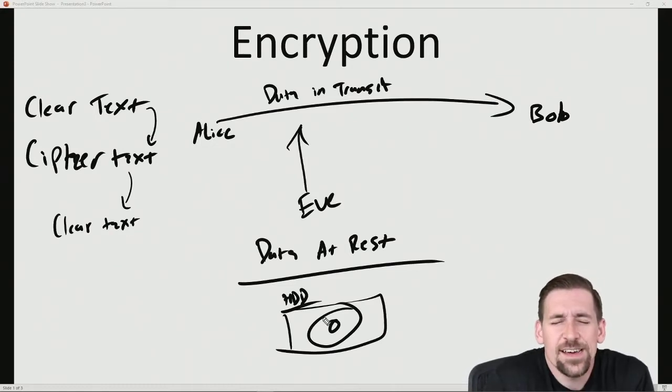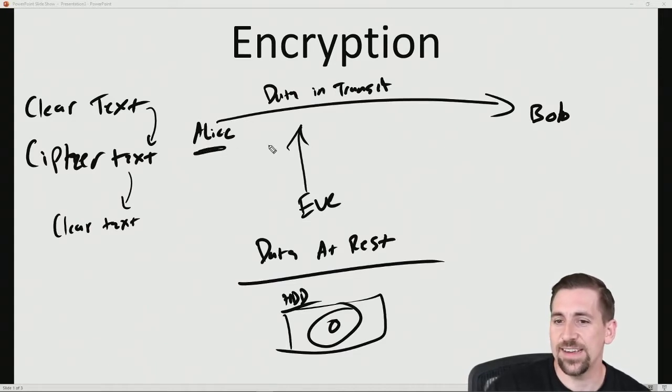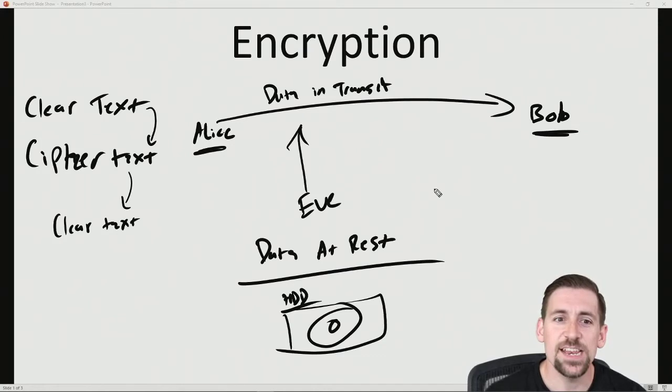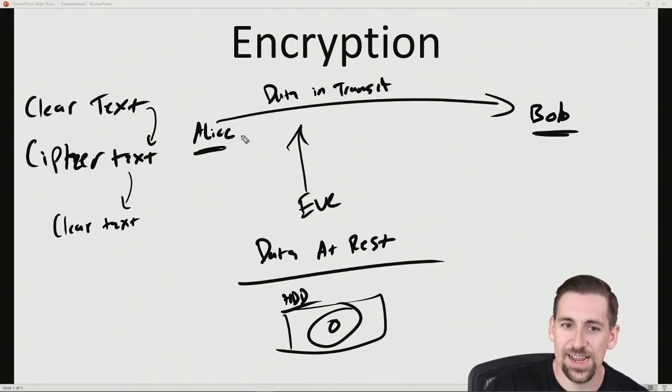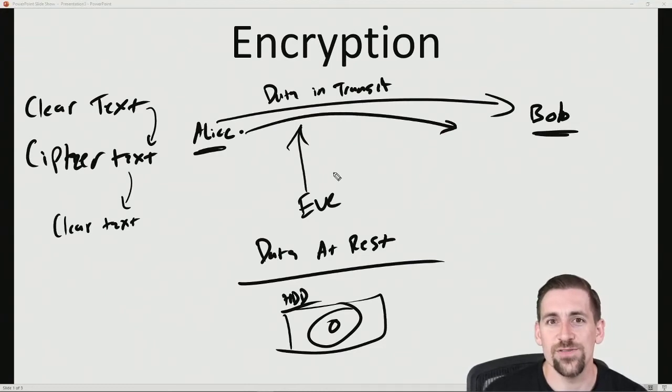Each of these encryption mechanisms or areas of encryption have their own requirements. Specifically, in this use case here, we have the issue of key exchange, in-band key exchange. How do I, Alice, tell Bob how we're going to encrypt and decrypt this data set? We'll get to that.